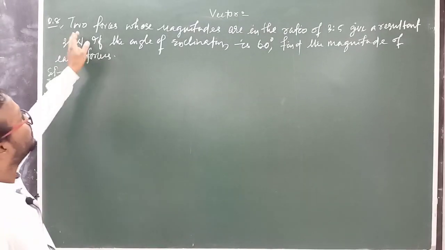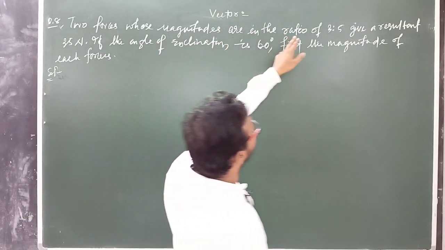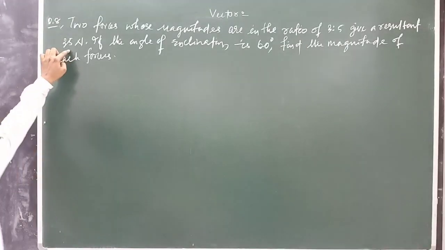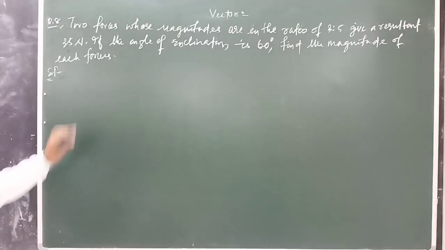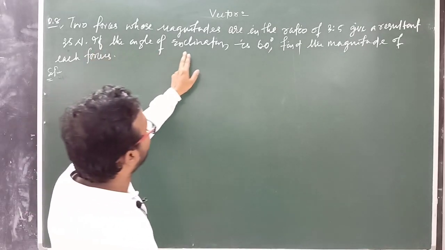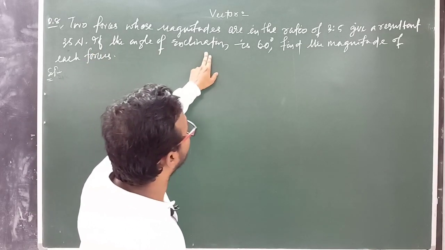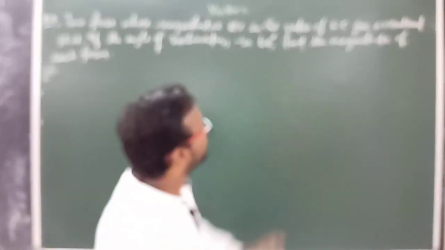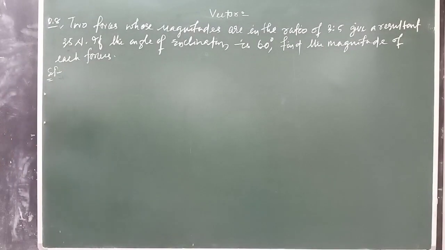Next question. Two forces whose magnitudes are in the ratio of 3:5 give a resultant of 35 Newton. Clear? And the angle of inclination is 60 degrees, meaning the angle between the two forces is 60 degrees. Find the magnitude of each force.